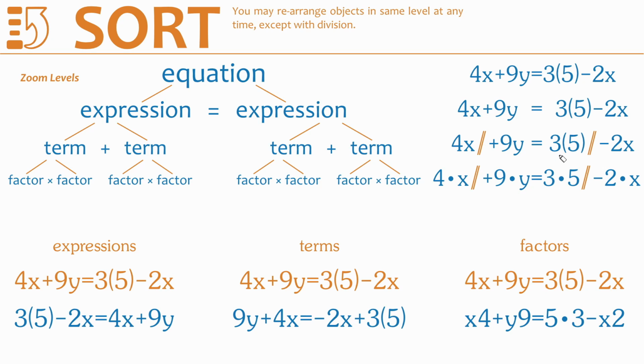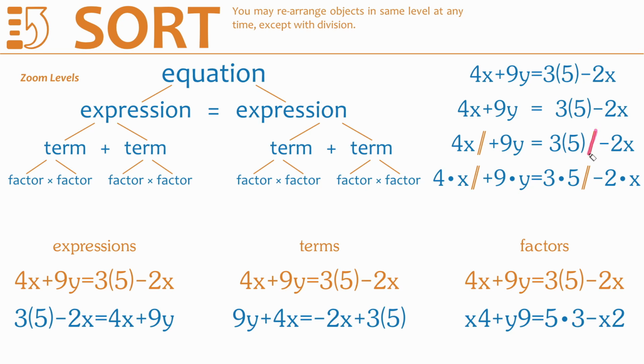Let's look at the right side of the equation and at this expression over here. 3 times 5 times, no, divide, nope, we're going to combine. It's 5 minus 2, 5 subtract 2, 5 add a negative 2, however you want to call it, we're not going to multiply or divide the 5 and the 2.